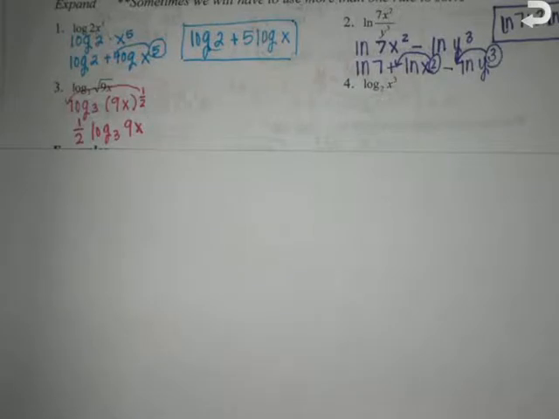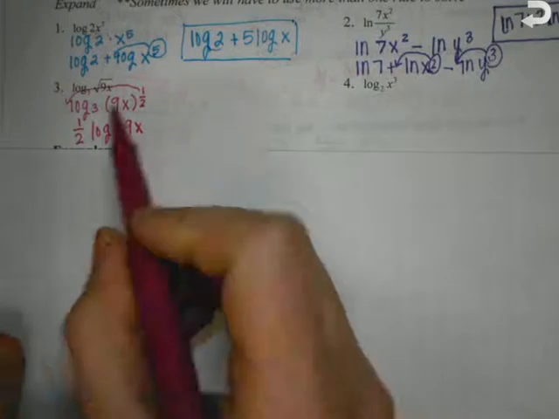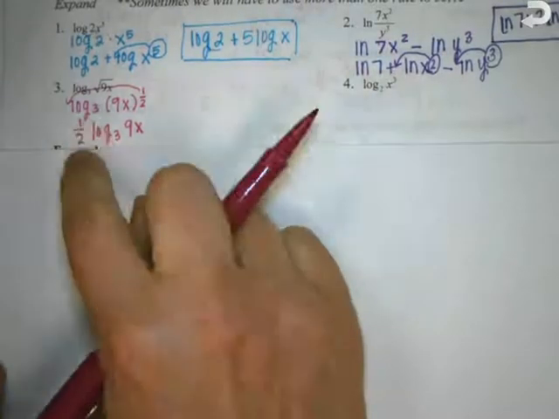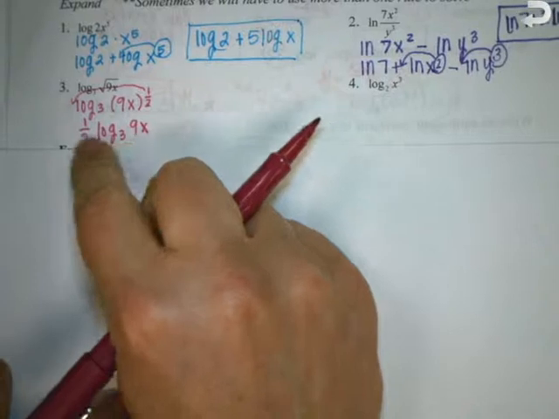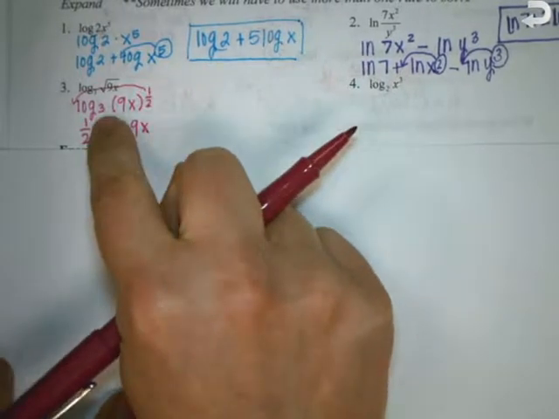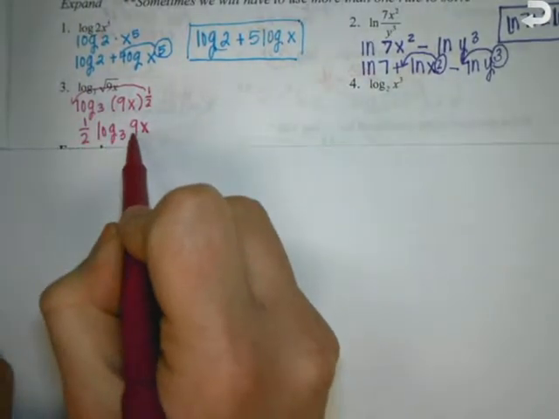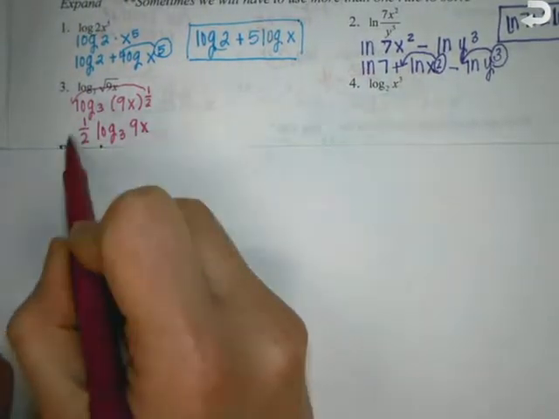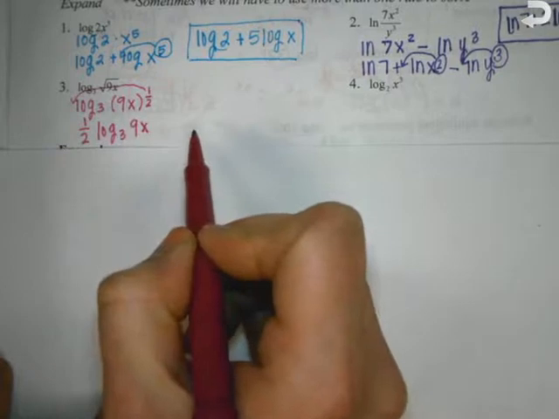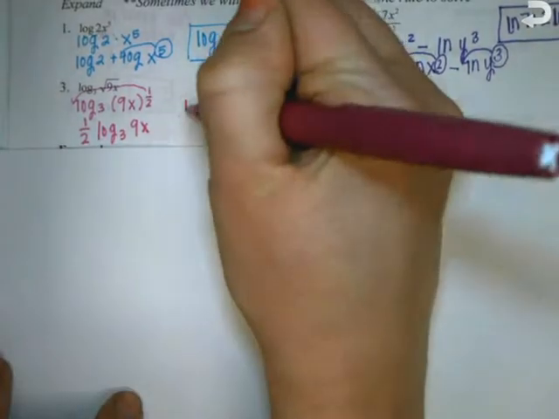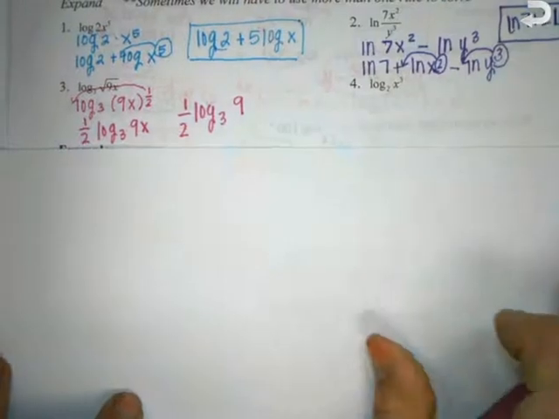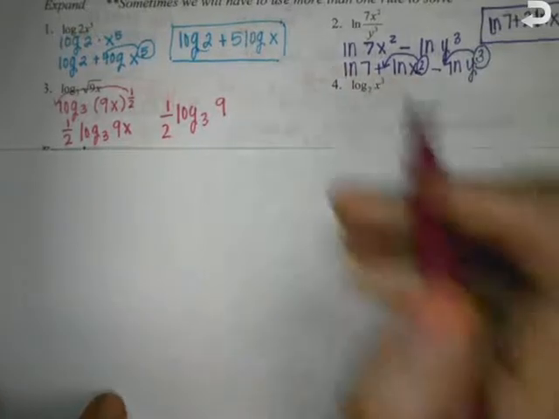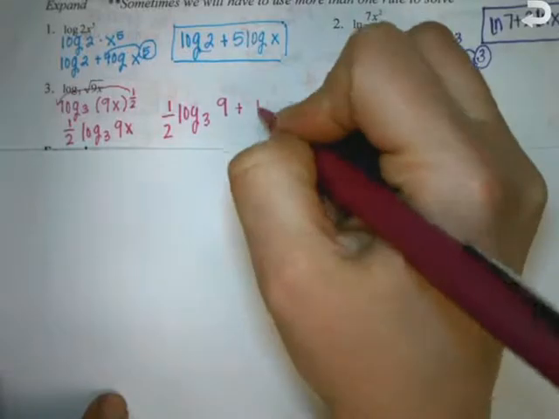Now we need to make sure that we are aware of this, 1/2 is attached to this entire thing. So when I split up the 9x, I need to take the 1/2 with both of them. So that's going to give me 1/2 log base 3 of 9 plus 1/2 log base 3 of x.